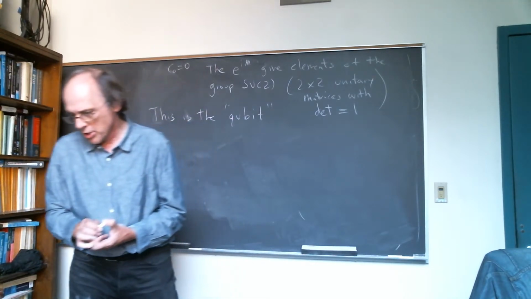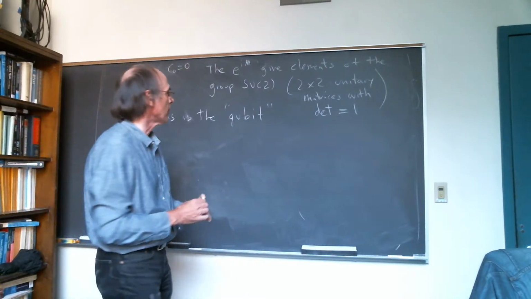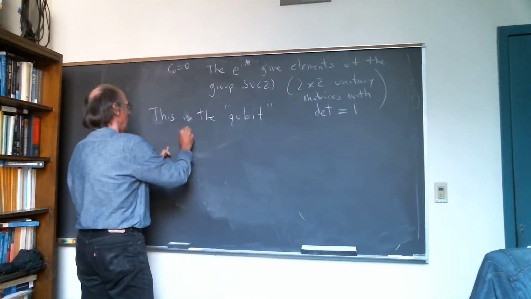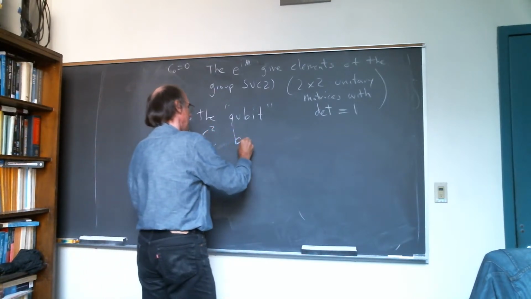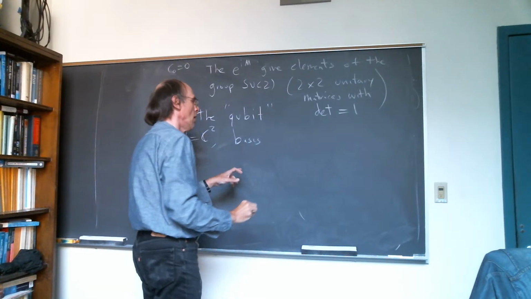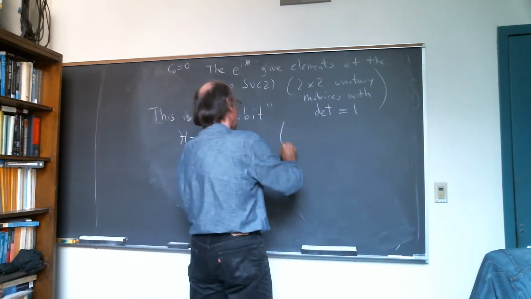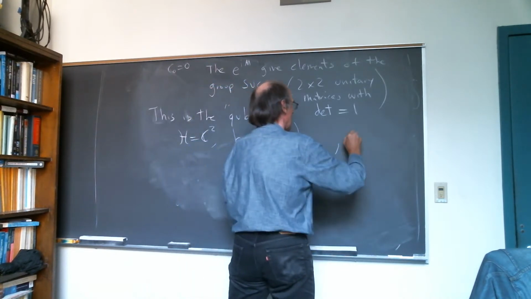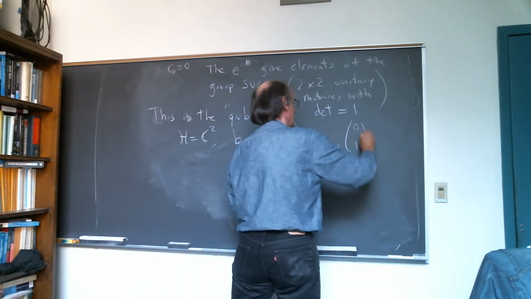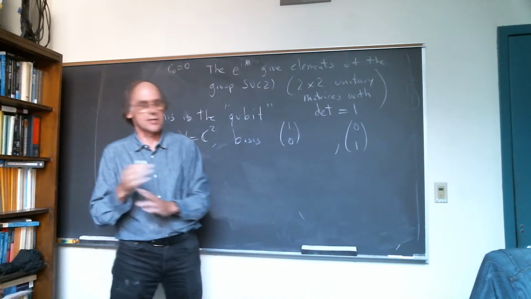And what you want to say is that H is equal to C2. Let's say it has a basis. The elements are this guy, and then this guy. So these are the basis elements of our state space.